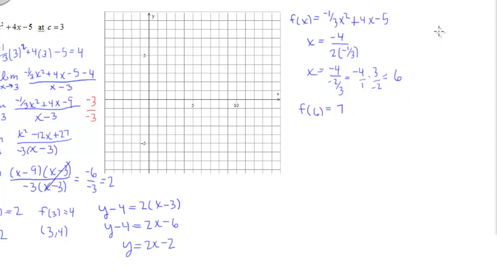So now I know that the vertex is at 6, 7, and you could start organizing some information in a table. I would recommend putting the vertex in the middle of a table, and then pick whatever x values you want surrounding it. So there's 6, 7.